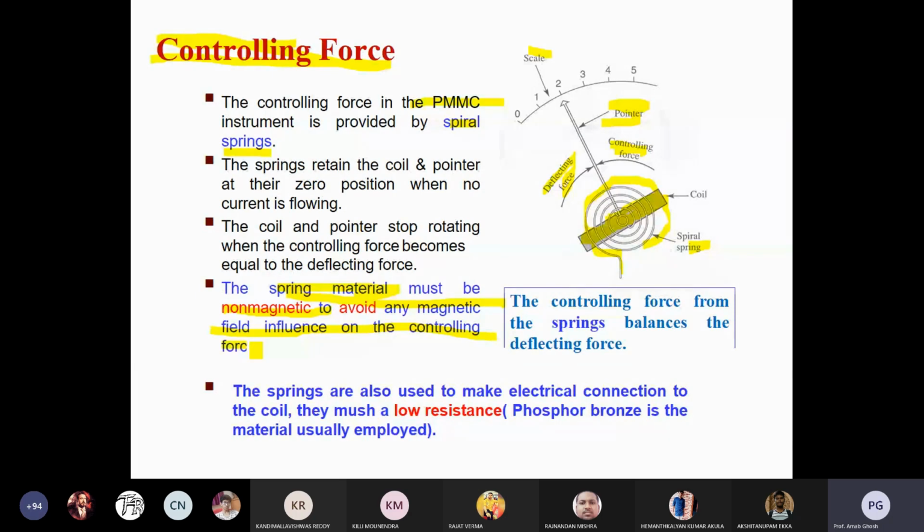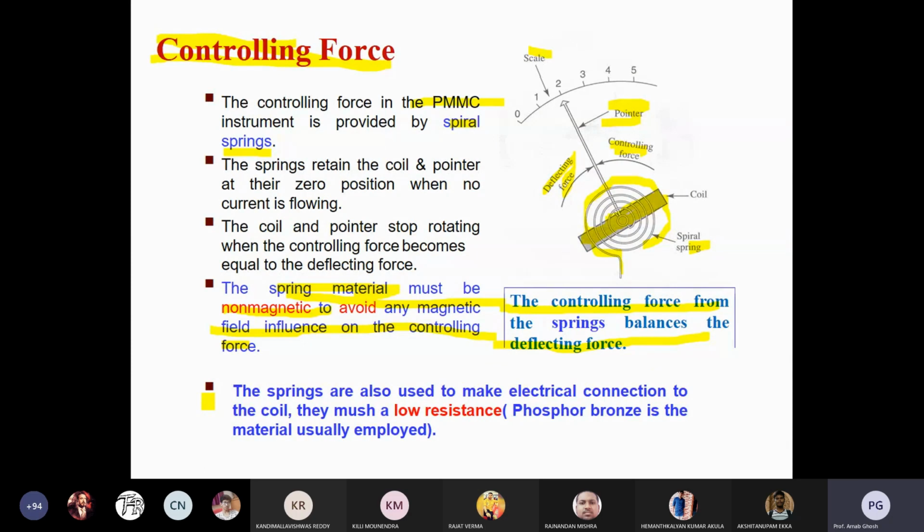The springs are also used to make the electrical connections to the coil, so they must have low resistance. Phosphor bronze is the material usually employed for that purpose.